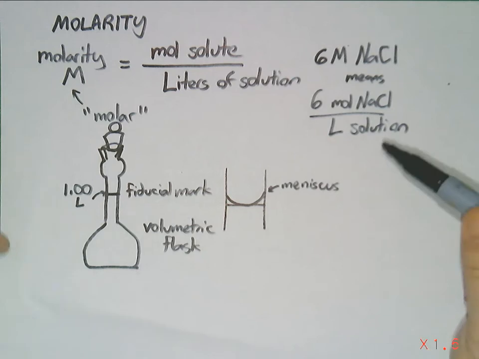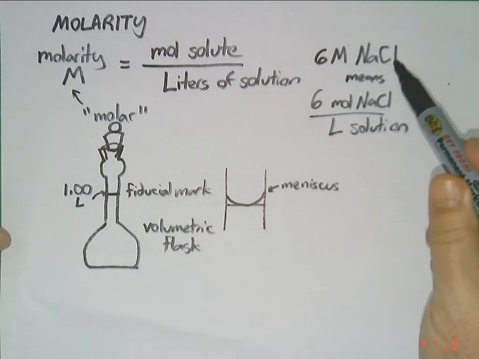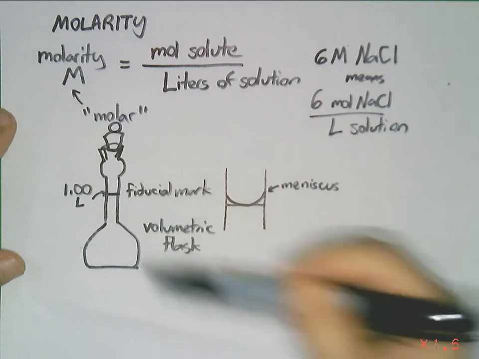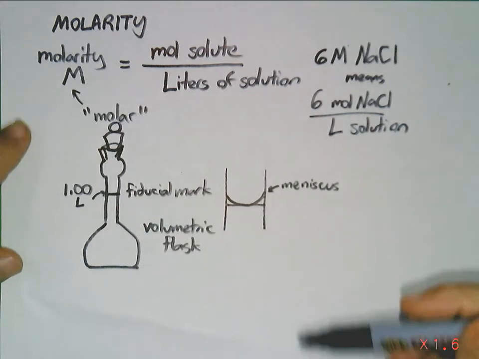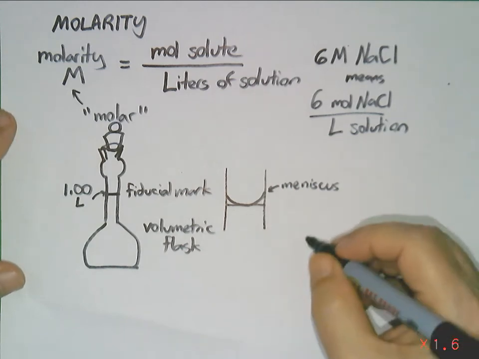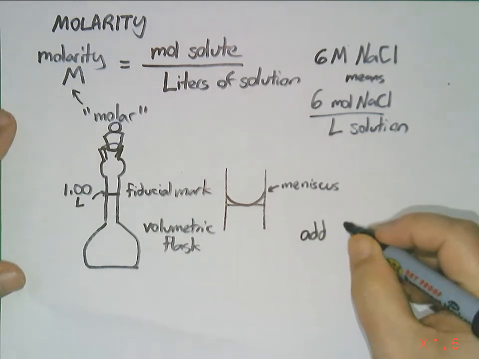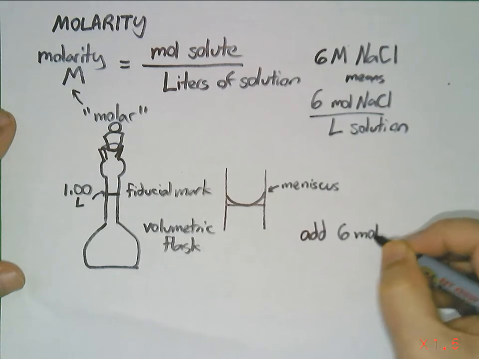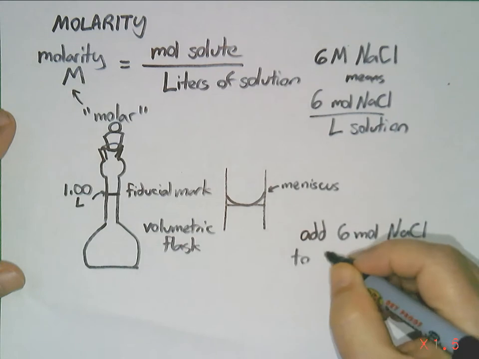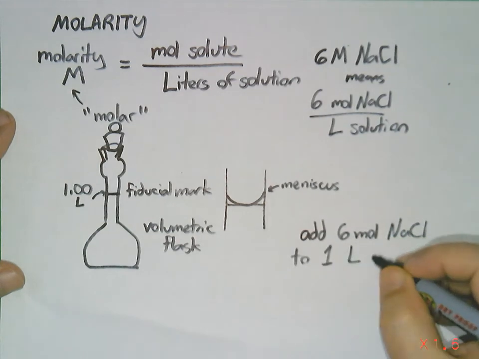Alright, so if we wanted to make 6 molar NaCl solution, we could put 6 moles of NaCl down here. So my recipe is add 6 moles of NaCl to the 1 liter flask.